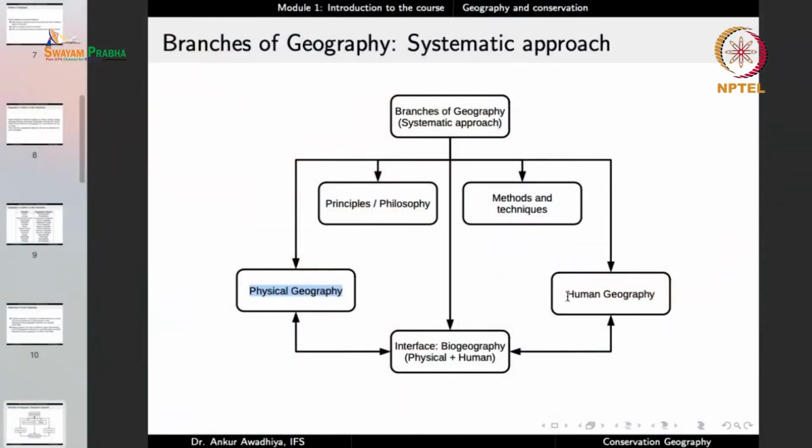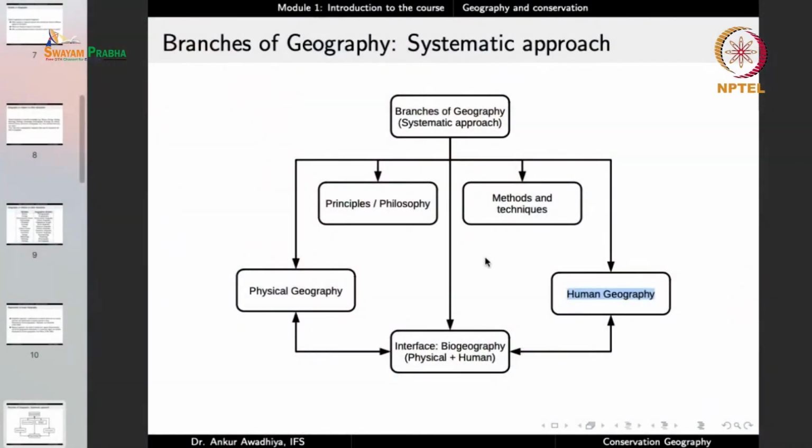When we study things like human geography, if we study things like settlements, here again we will ask the same question: what are the different kinds of settlements that are found all over the world? So we are studying the patterns of settlements all over the world, which makes it a systematic approach to geography. When we ask about the principles or philosophy of geography, here again we are asking a worldwide question.